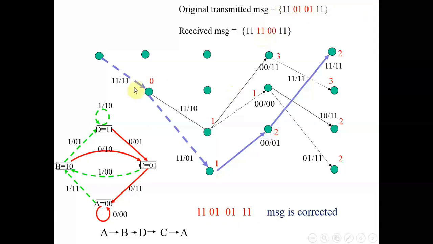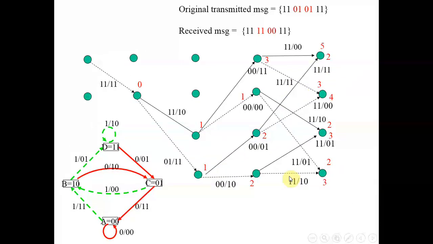So naturally in the process of elimination and calculating the error, the incorrect bits are by default converted to the corrected code word. So we got the correct code word, which is 1, 1, 0, 1, 0, 1, 1, 1. So what will be the message? As I am taking this dotted path, my message will be 1, again dotted path, again 1, solid path, so 0, solid path, which is 0, and that is where we started.